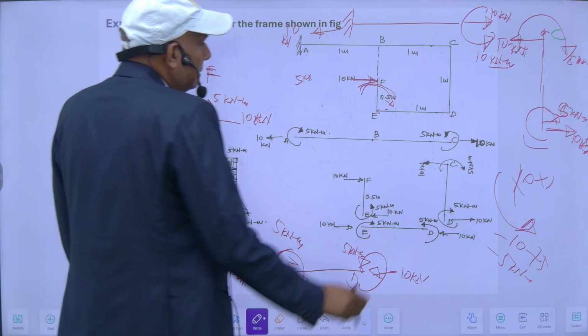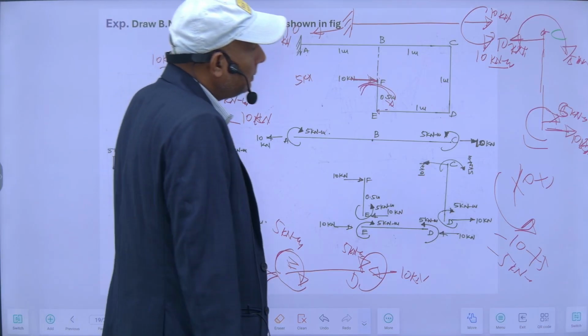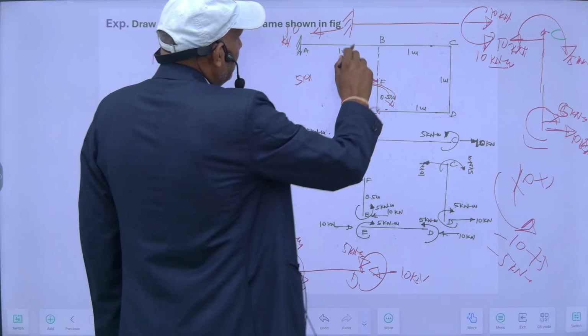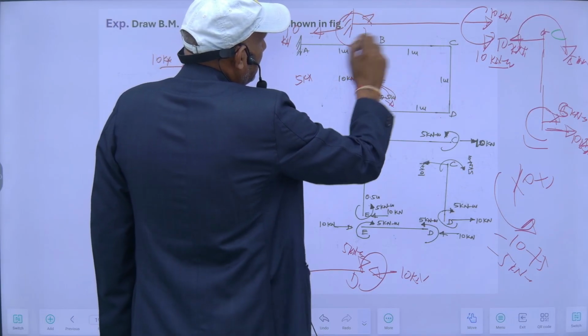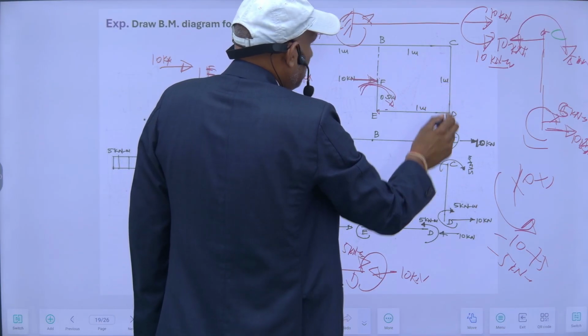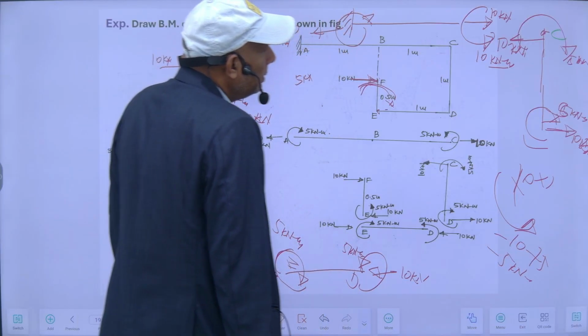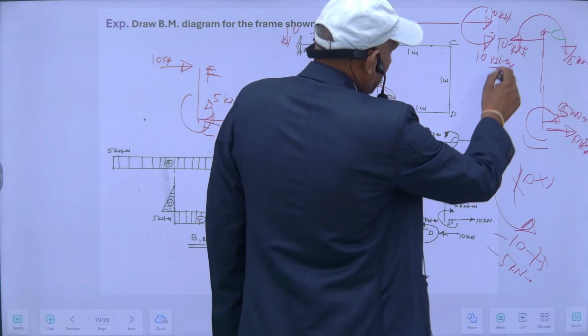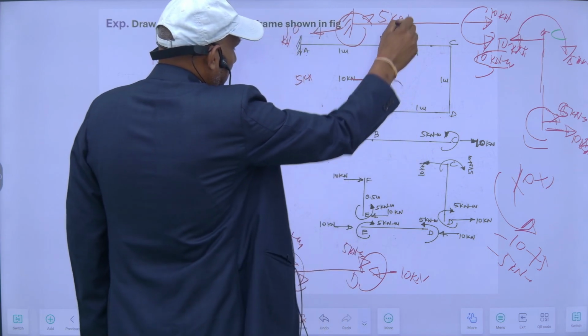And since it is anti-clockwise, this must be clockwise, opposite to this, and this will be equal to this is 5 kilonewton, I think. This will be 5 kilonewton in these directions.